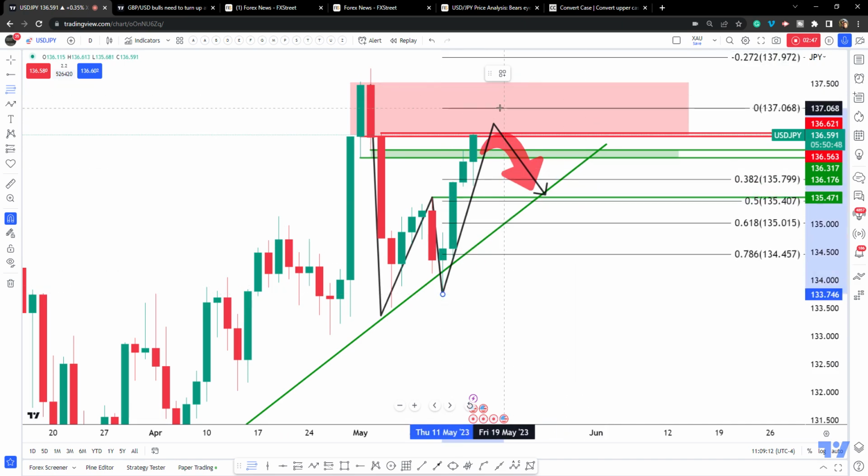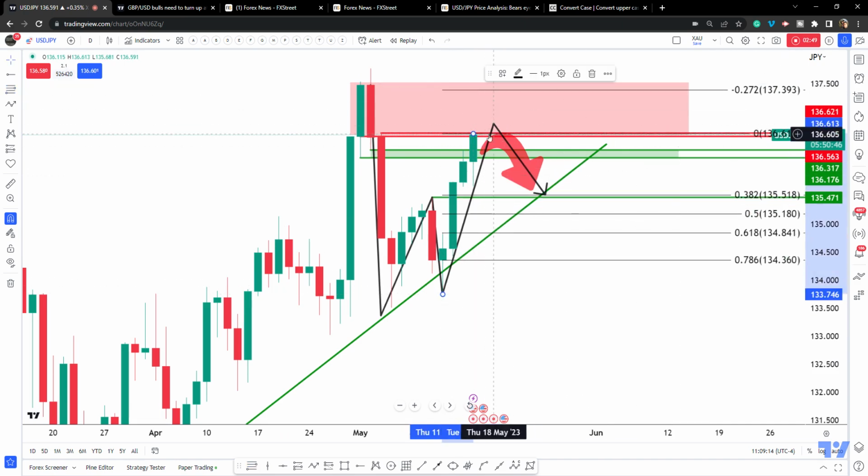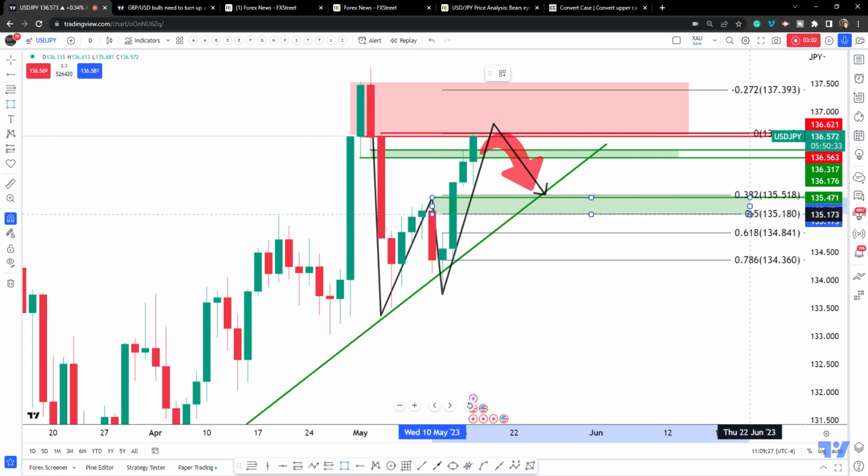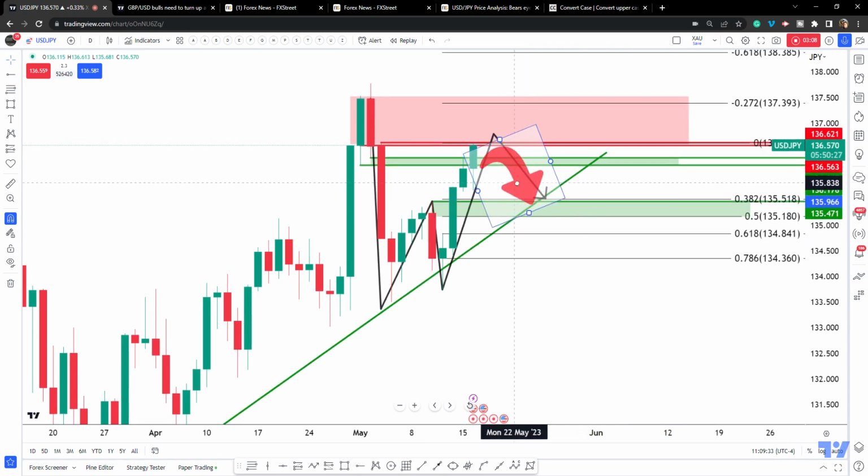I'd mark my Fibonacci to the highs of today's market to gauge where the 38.2 meets old support, old resistance, draw a support area down into a 50% mean reversion, and I'd be looking for that scenario to play out.